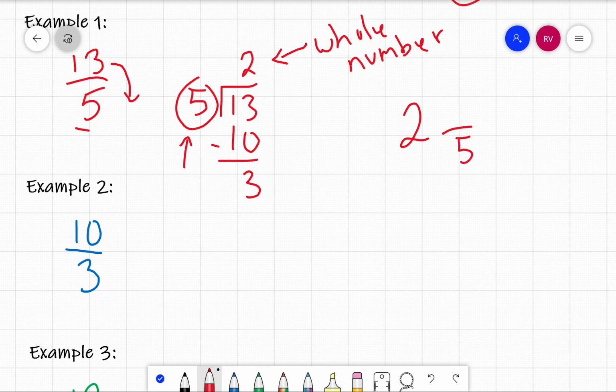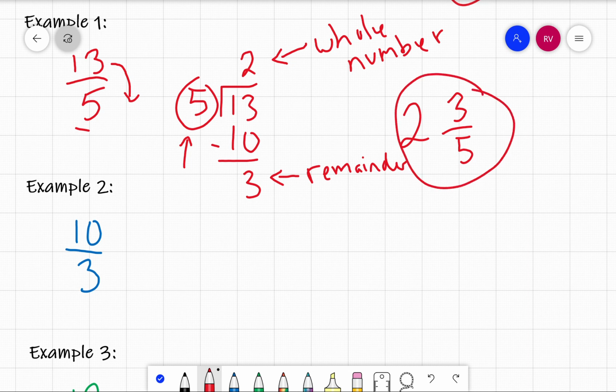Now the part that's left that we haven't used yet is this remainder. Now in this problem, our remainder is the 3. And that is our numerator. Okay, so that's it. That's all you have to do to change 13/5 into a mixed number, which is 2 3/5.